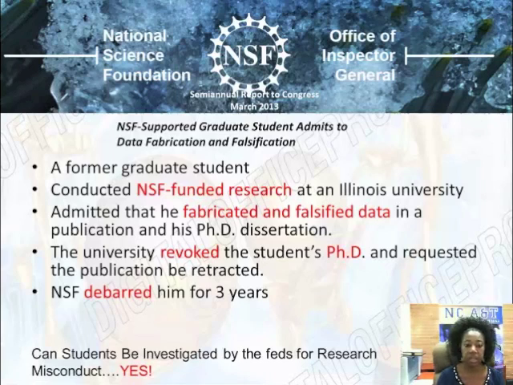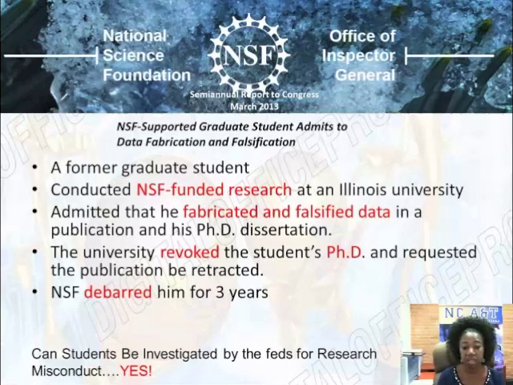The student conducted NSF-funded research at an Illinois university, admitted that he fabricated and falsified data in a publication and in his dissertation for his PhD. The university revoked that PhD and requested that publication be retracted, and then NSF debarred the student for 3 years.